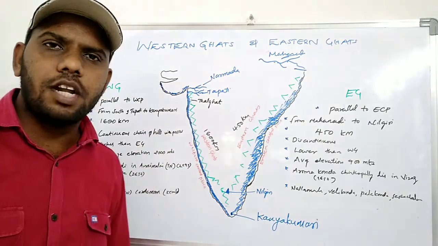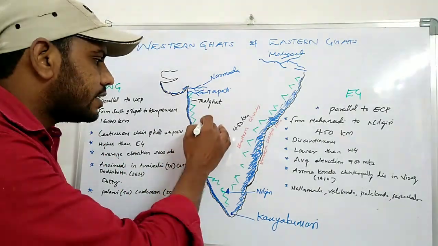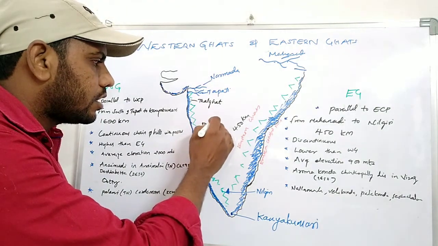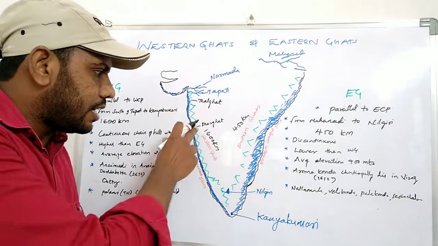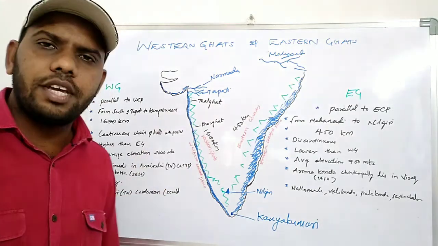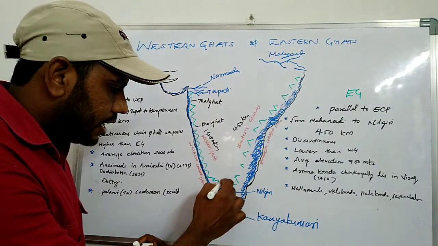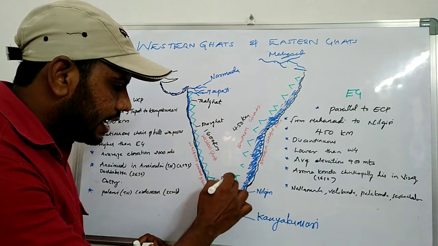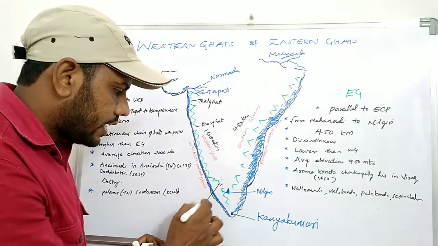Nearby the Tapti river only we can find Talcut. The second pass, here I am writing, Borcut. In the Maharashtra region you can find Borcut. And another one is Palcut. In Kerala region we can find Palcut. Okay, so I am writing Palcut here.